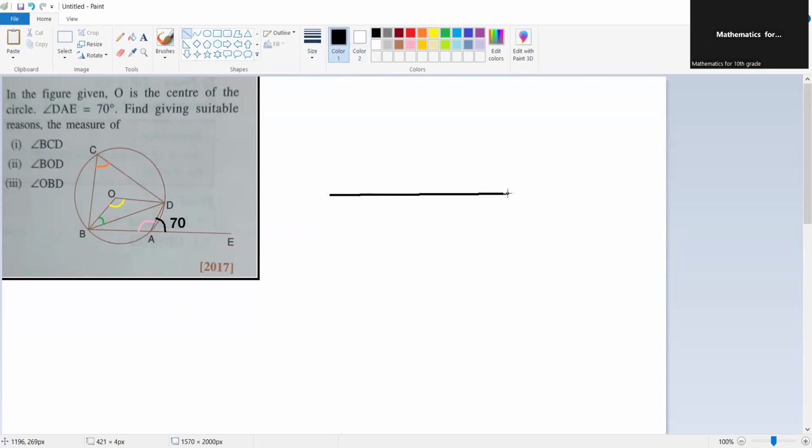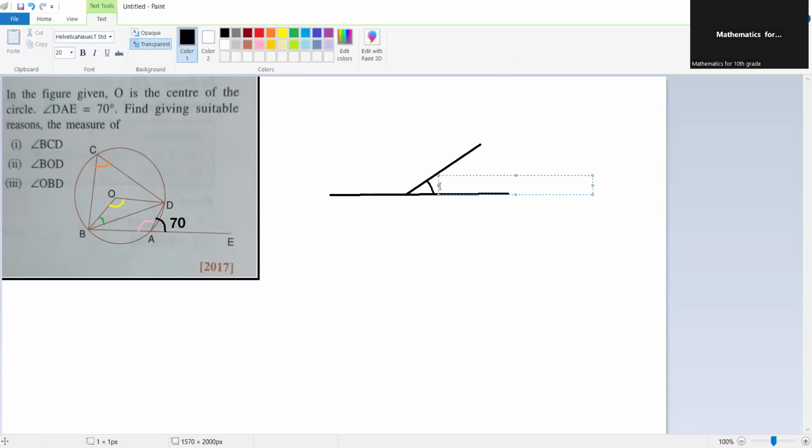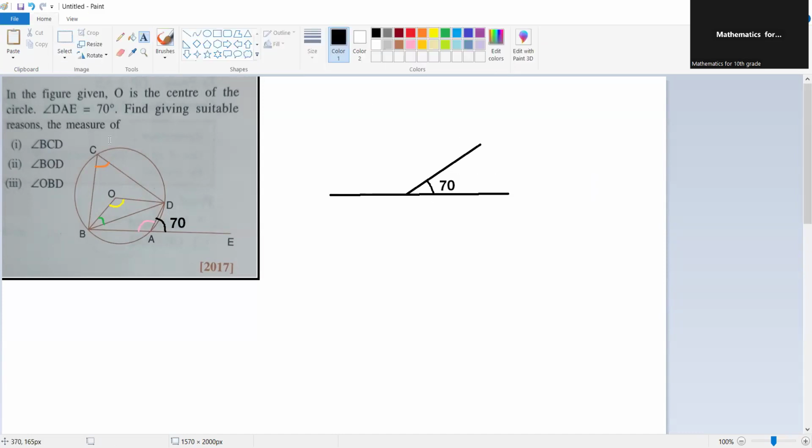So when something is a straight line and you know one angle, if this is 70, this has to be 110.